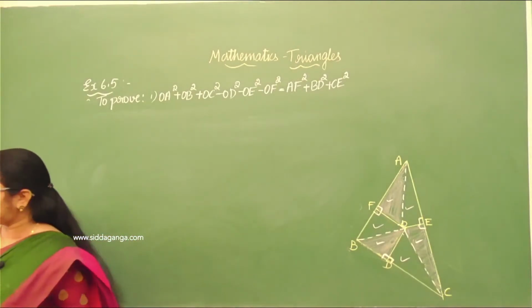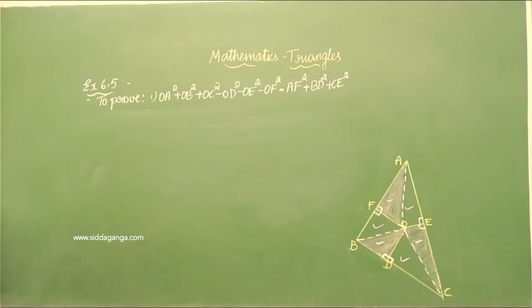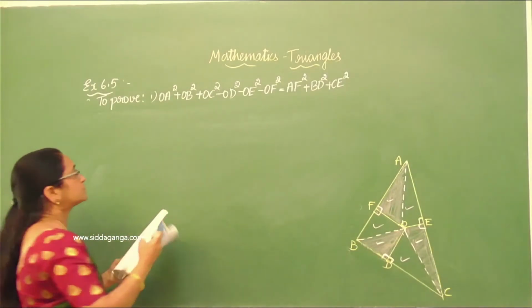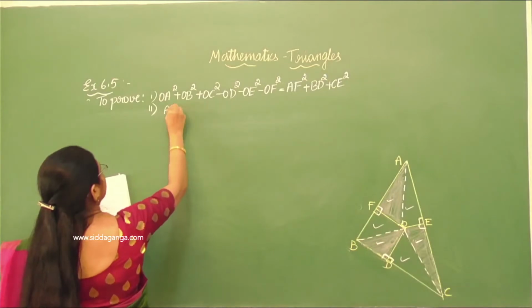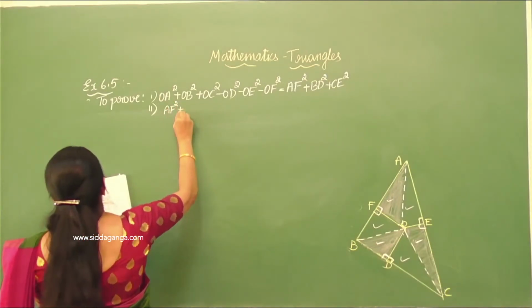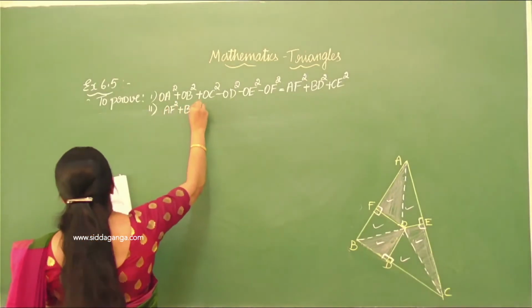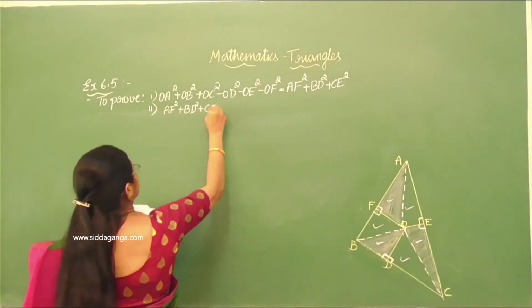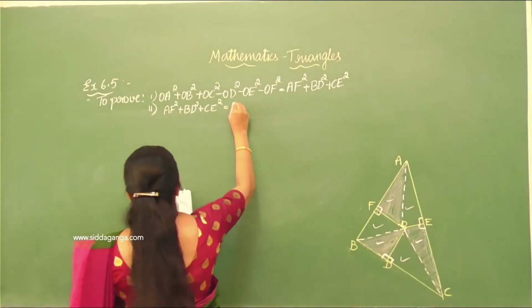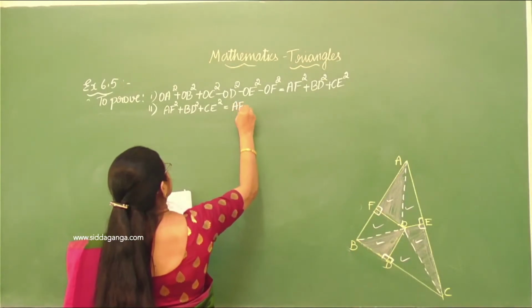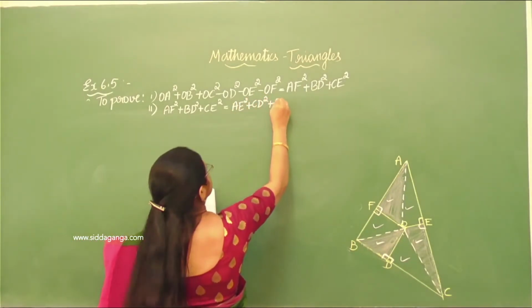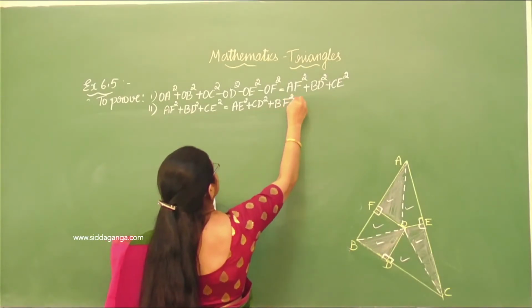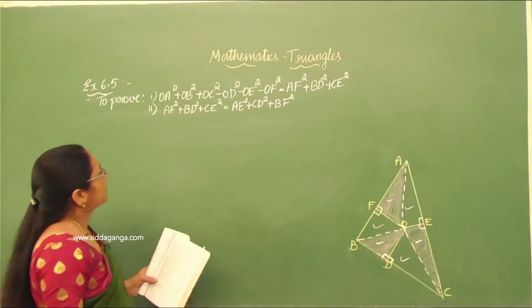So the second one, I'm going to write the question. AF square plus BD square plus CE square is equal to AE square plus CD square plus BF square. Now I need to prove this.